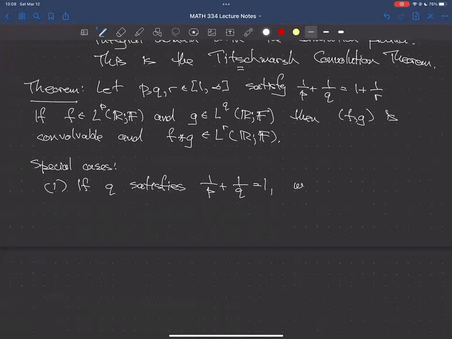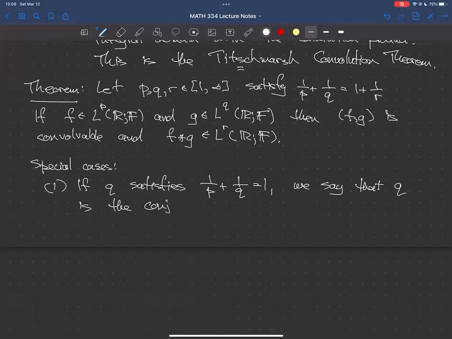We say that Q is what's called, it's just name calling, the conjugate index of P. And in that case, because it just depends on P, we denote this by P prime.